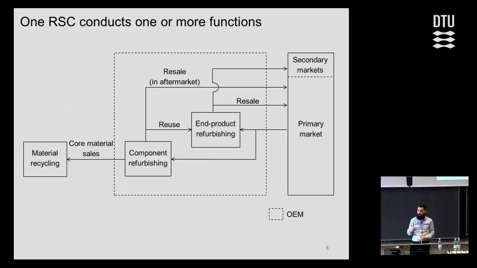For those components where that's not possible, it may be possible to sell the components back to either the original supplier, who may be interested in purchasing that material so he can remelt it and sell it as virgin material, or perhaps to companies whose whole business is handling used materials, like Stena Recycling, for example. And all components that cannot be refurbished, used in refurbishing, or resold then enter the waste stream.